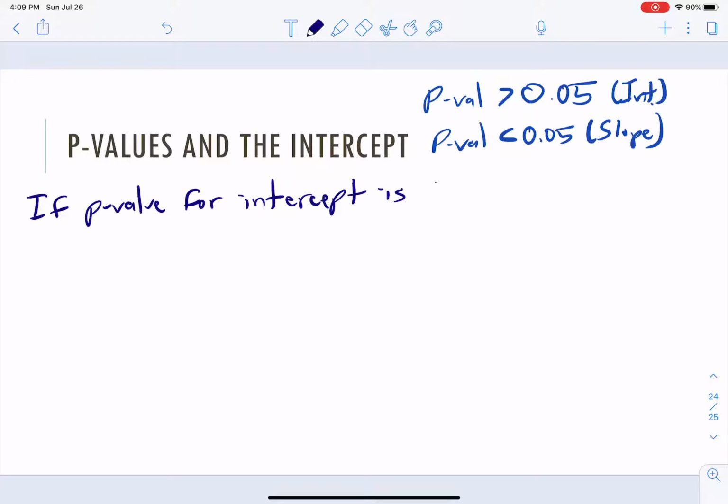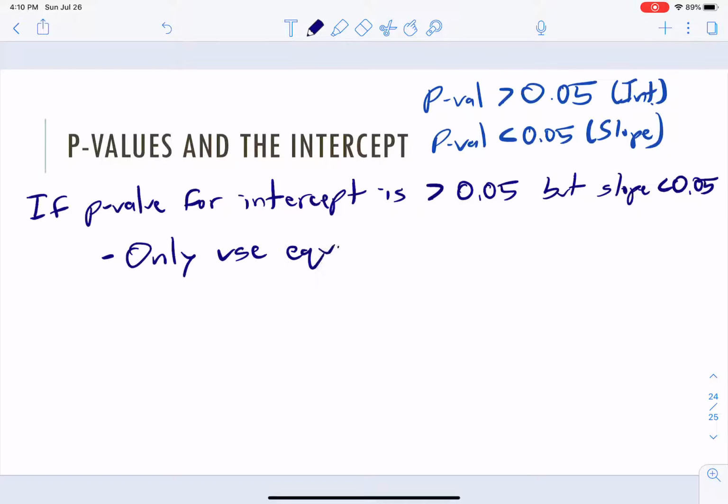If the p-value for the intercept is greater than 0.05, but the slope is less than 0.05, then what can we do? Well, and this is going way back to the first or second slide, we can only use the equation for the relation between x and y. Okay, and that's it.